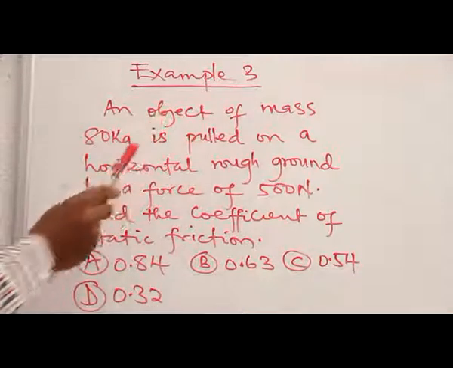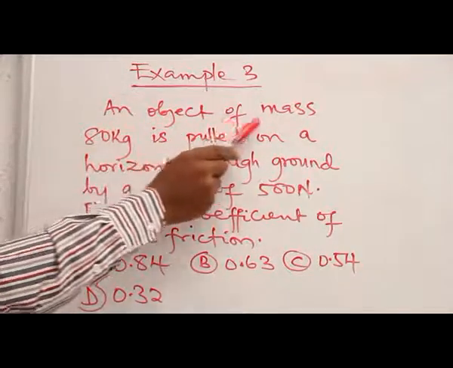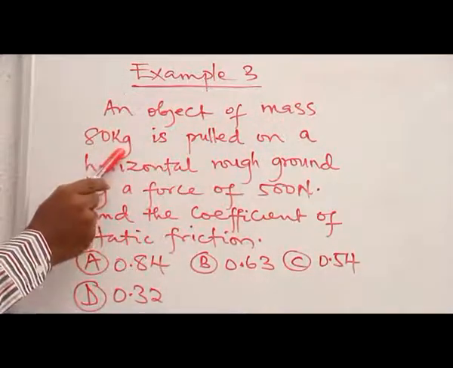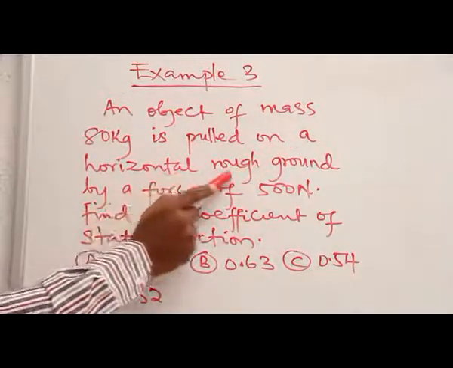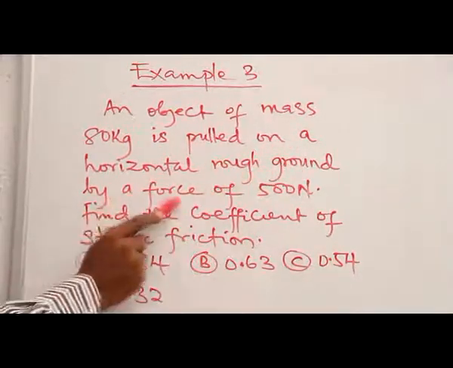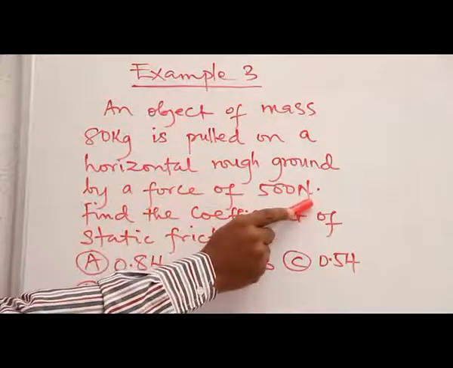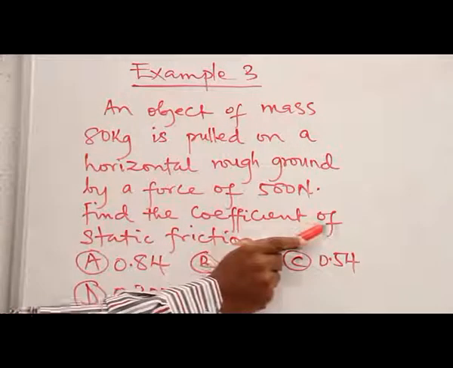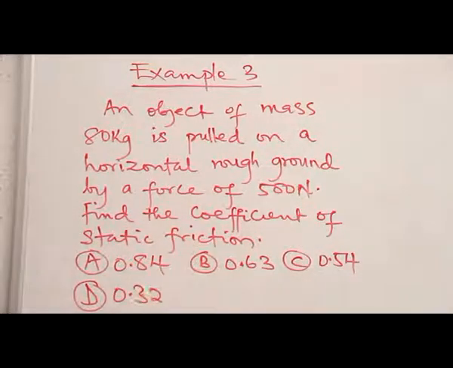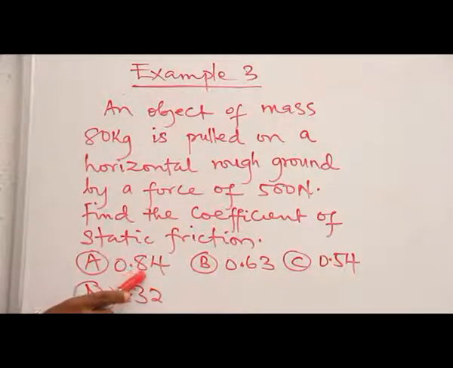Example 3. An object of mass 80 kg is pulled on a horizontal rough ground by a force of 500 Newton. Find the coefficient of static friction. Option A, 0.84.